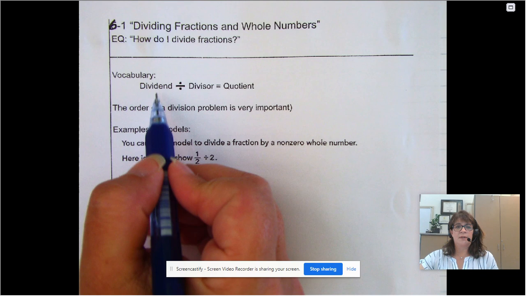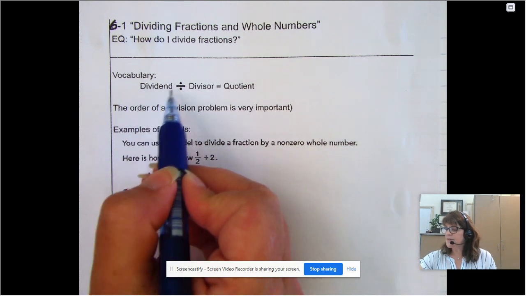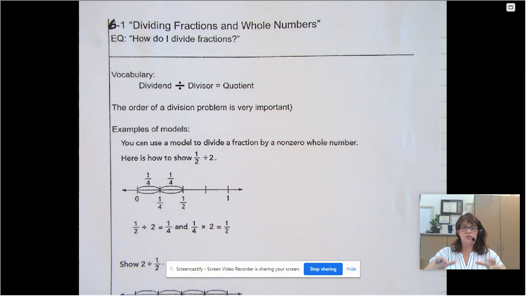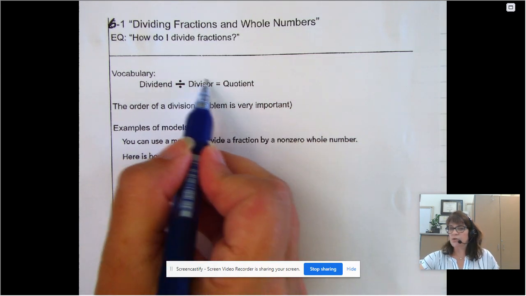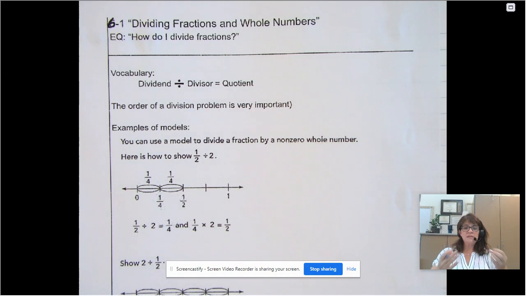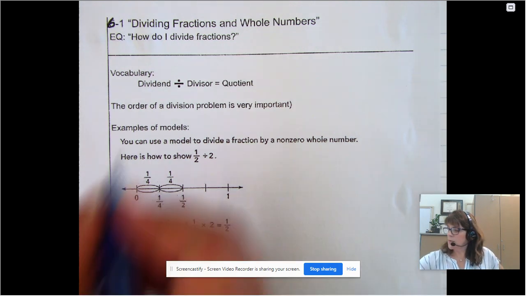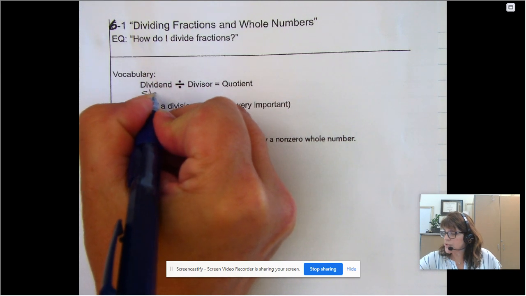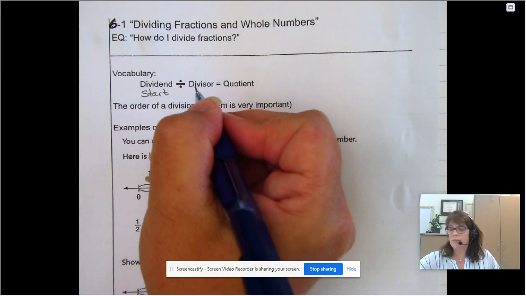Starting with some vocabulary. The dividend is the thing we start with. The divisor is how many pieces or what size pieces we're breaking it into. And the quotient is our solution. Okay, so this is our start. A lot of times it's the whole.